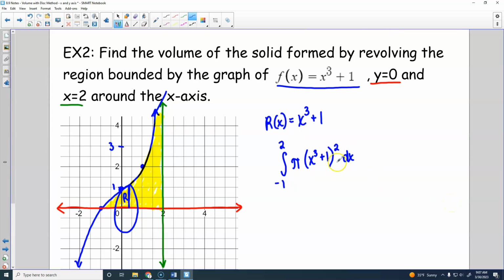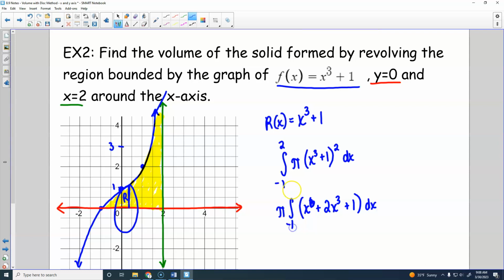Okay. So to evaluate this, I would pull the pi out front. And then the x to the third plus 1 squared, we can double square that. So that's going to give us x to the sixth plus 2x to the third plus 1 dx.